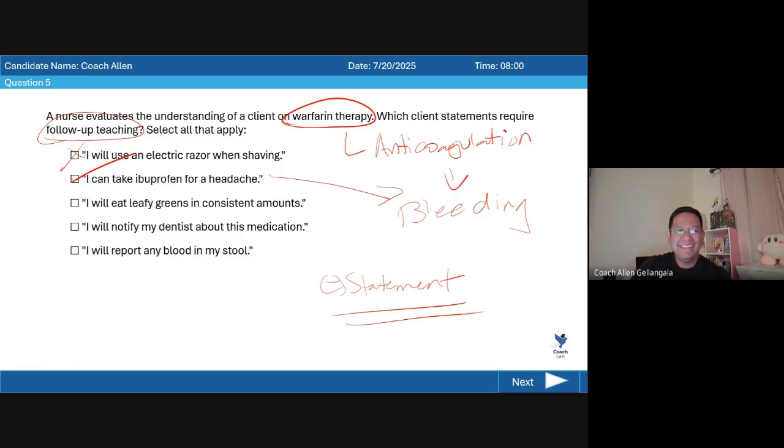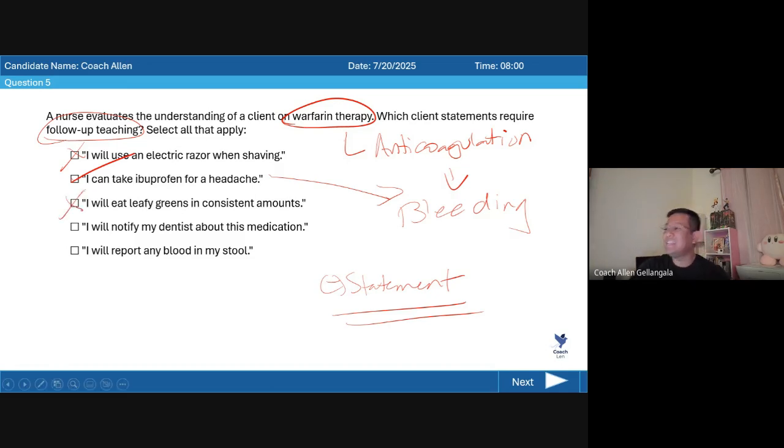Okay? Will we add that? Would you need that as a follow-up teaching? Not in excessive, but in consistent amount. A lot of people are like, okay, so eating leafy greens in consistent amount is a good indicator of learning.